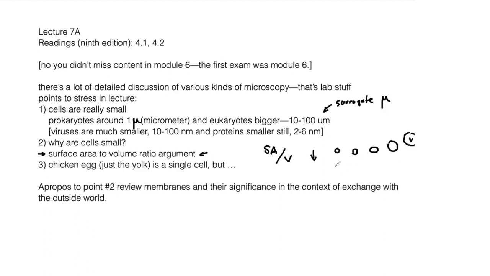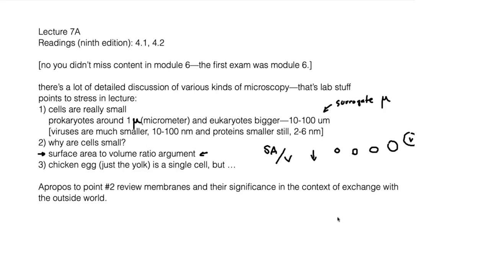And so the idea is that as the cell gets bigger in diameter, the surface area to volume ratio decreases. And well, first of all, why does that happen? Well, that's a geometric argument.